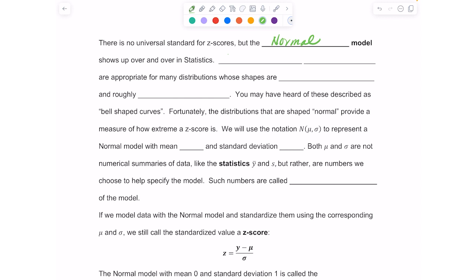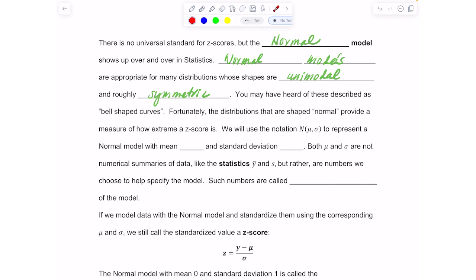Normal models are appropriate for many distributions whose shapes are unimodal, so they have one mode, right? One peak, if you look at their histogram, and roughly symmetric. Some examples of normal models could be if you were to take the students who took the SAT and create a histogram of their scores, you would have an approximate normal curve.